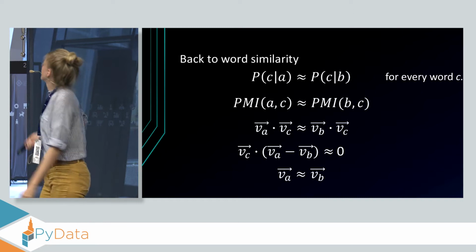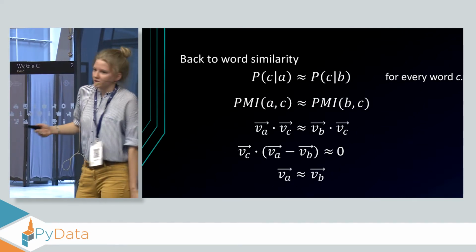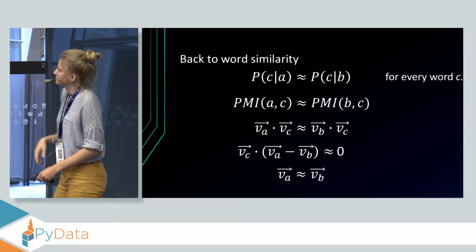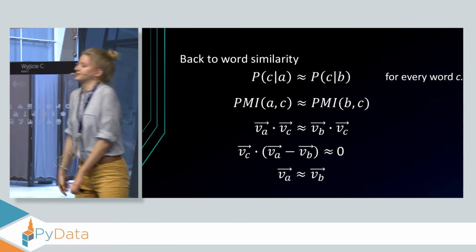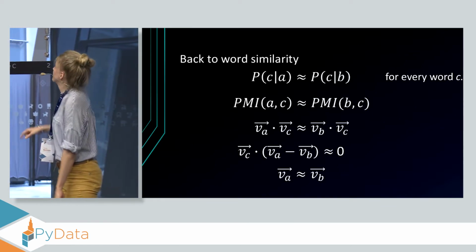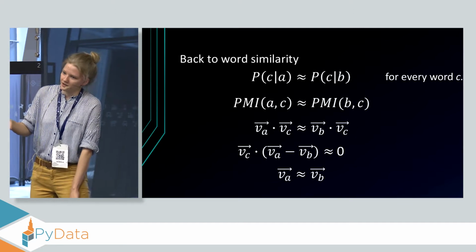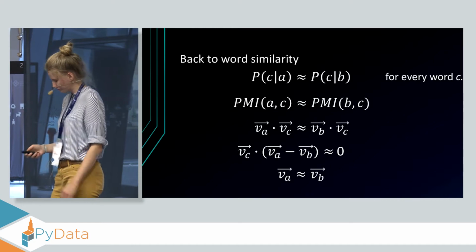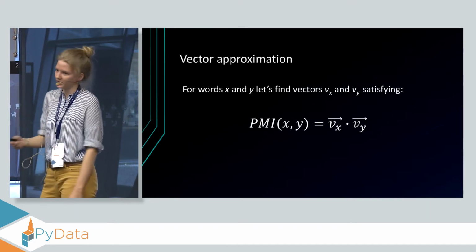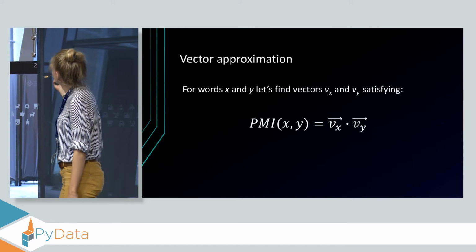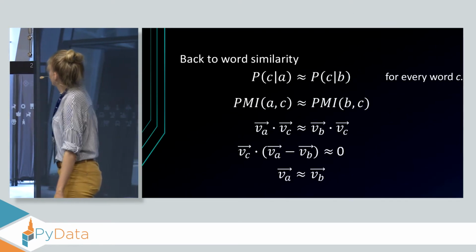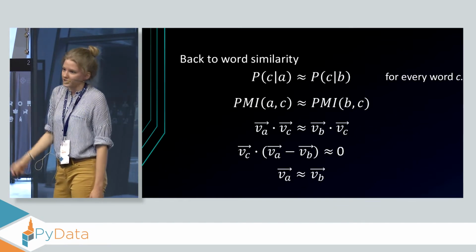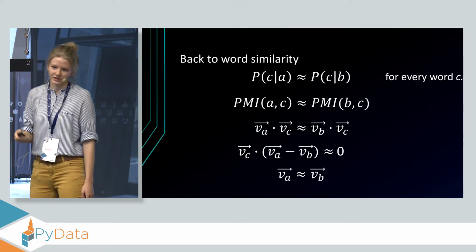We've got the equality of the probabilities for each pair, for every word, and then dividing by the probability of word C appearing and taking the logarithm, we've got the equality of the PMIs. We approximated the PMIs by the vector dot product, and now taking it to the other side, if it has to hold for every word C, then we've got an equivalence in the vectors.